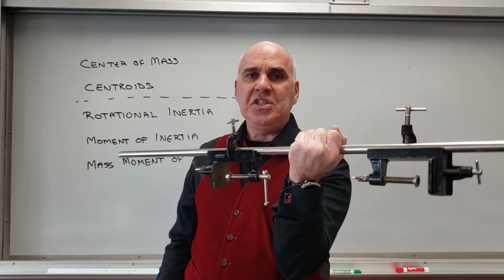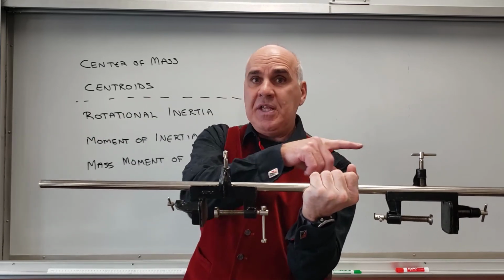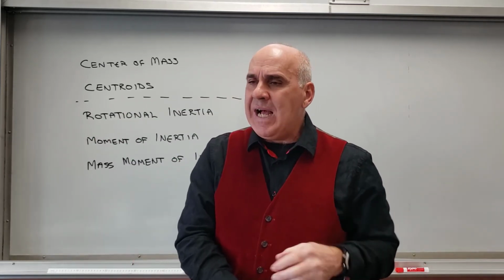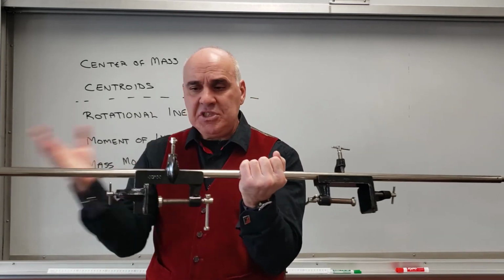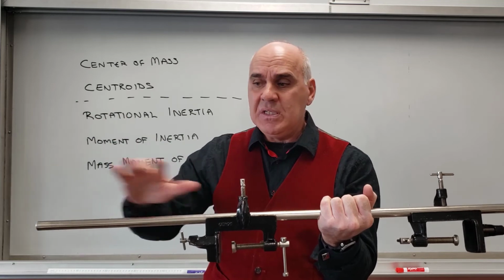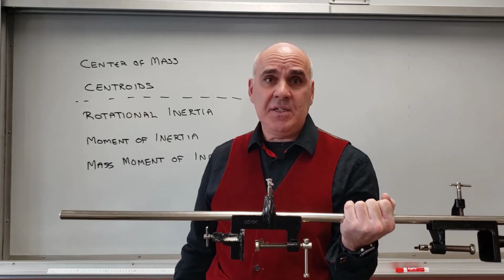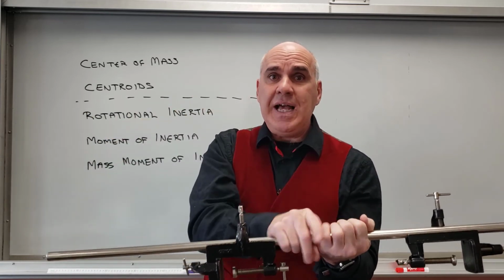Rotating this and changing that rotation is much easier than it was when the clamps are to the outside. And so it's not just a matter of what's the mass, because I didn't change the mass. The amount of bar and clamps is the same as it was. Nothing changed there. But it's more difficult to rotate than it was when the masses were to the outside.